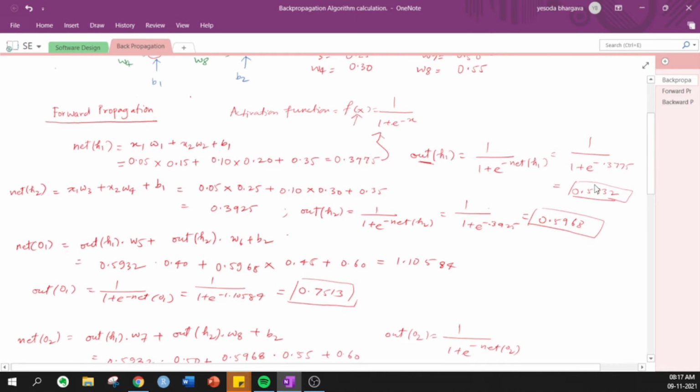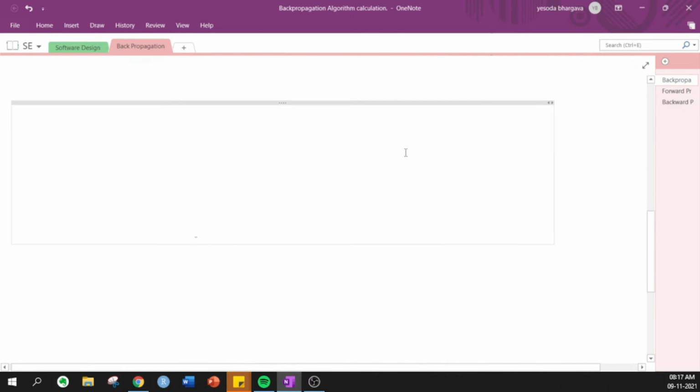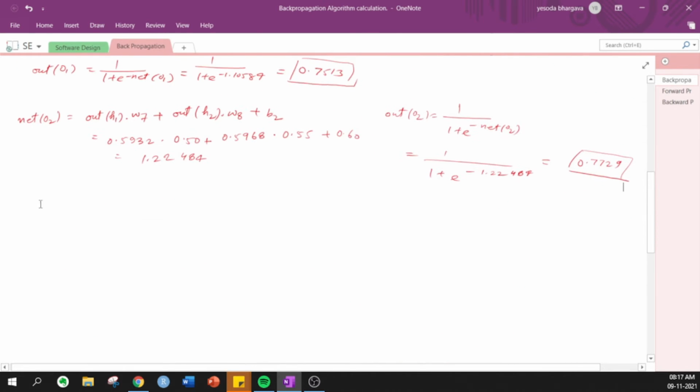We have got output of H1, output of H2, output of O1. Now we have these two outputs, and we have the target output, which is 0.01 and 0.99. So let us try to compute the error for the first iteration. The error we have used is mean squared error: target value minus output value.